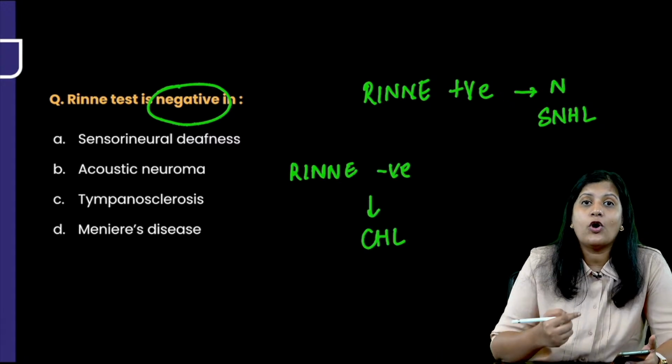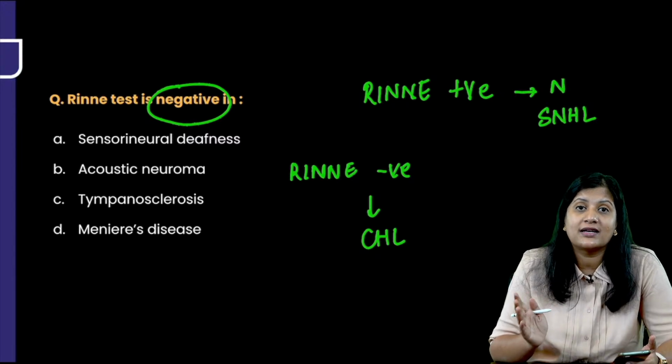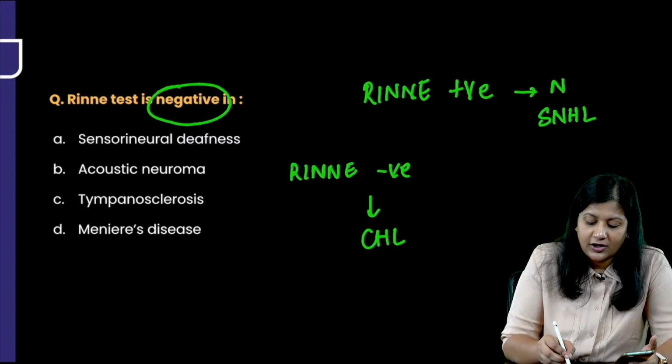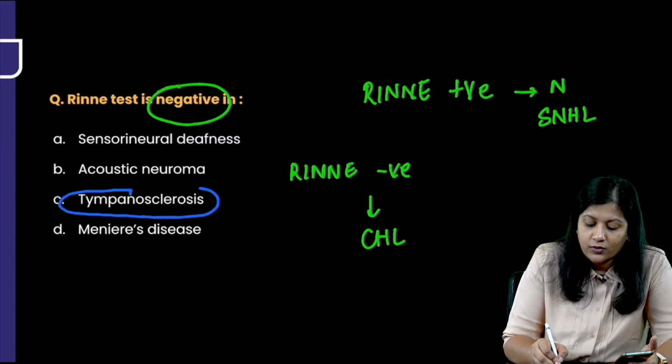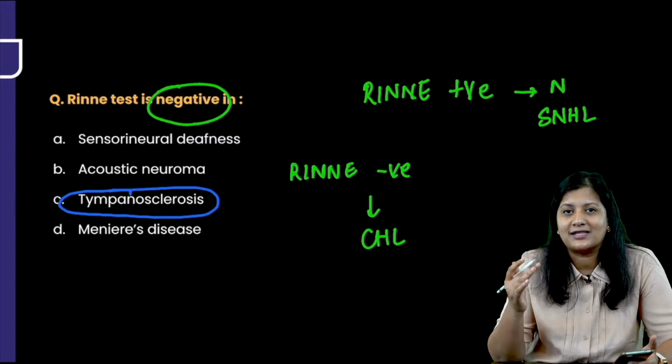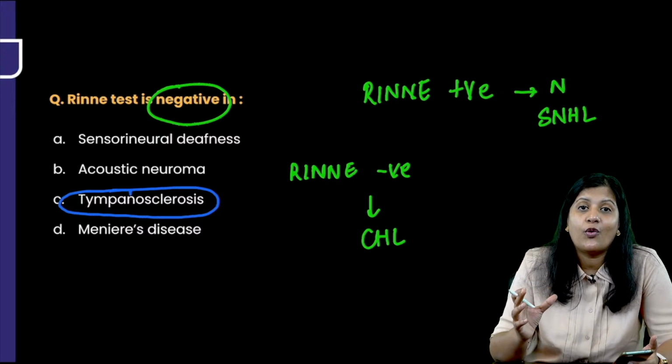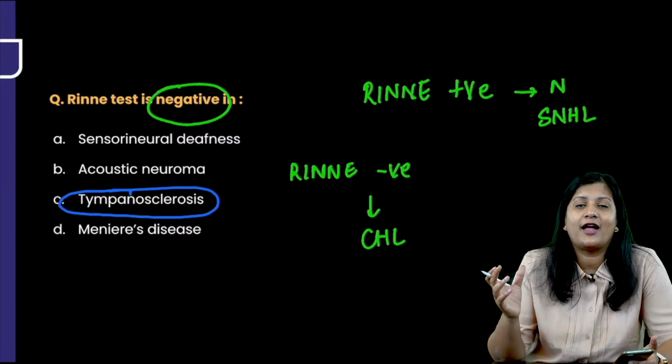So amongst the options given to you, which one is a conductive pathology? The only conductive pathology that you have is tympanosclerosis. Tympano means middle ear, sclerosis means bony deposition. So if you have a bony deposition in the middle ear, we call it tympanosclerosis.